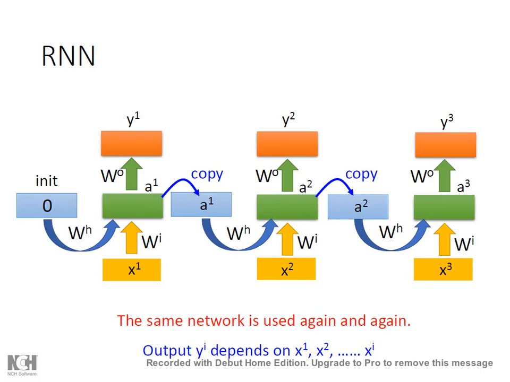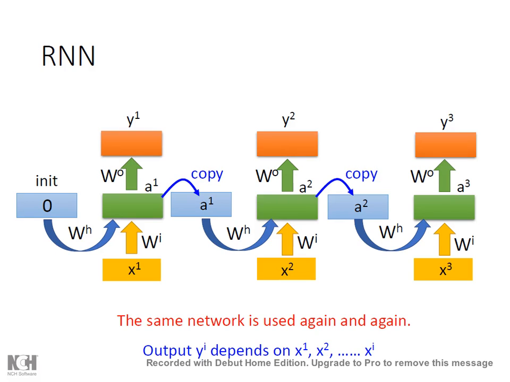Here is another flow chart to represent the RNN. In the initial state, your memory is 0, and the memory weight is WH. Through this process we generate A1. A1 is copied to your memory.